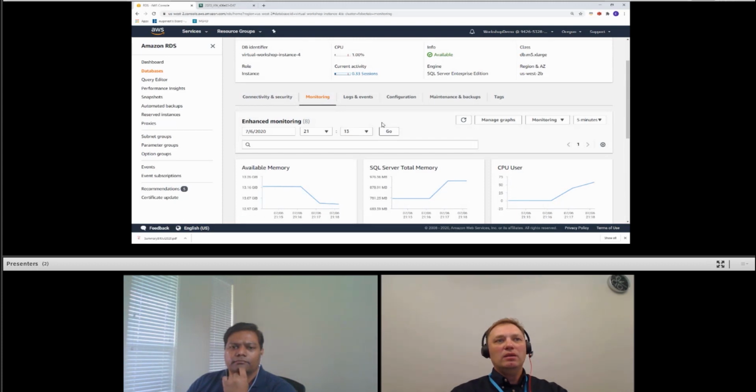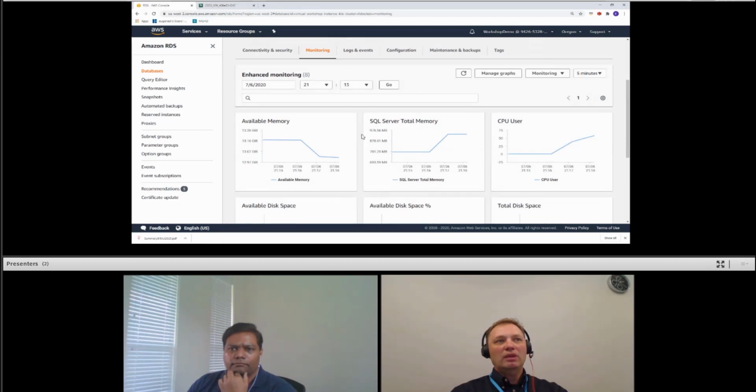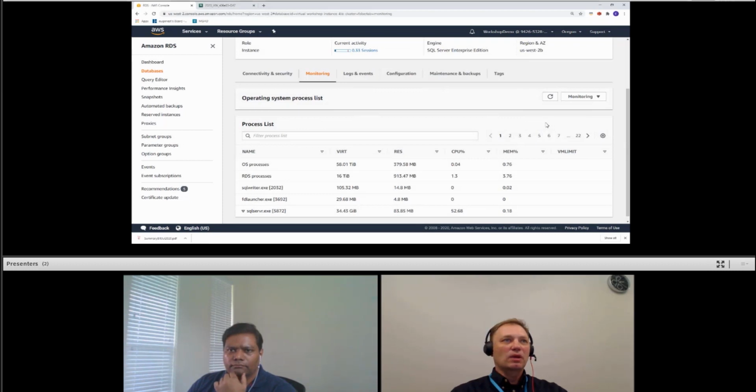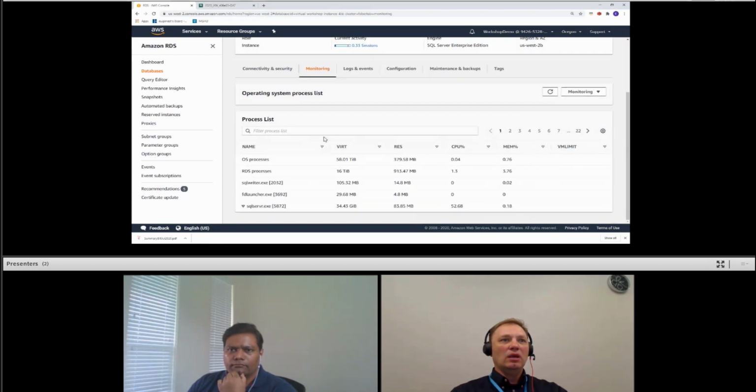Enhanced monitoring, these are the operating system level metrics that give you visibility into things that's impossible to look from the hypervisor, the memory, for example, right? Very, very important. Now, you also have OS process list. Process list is here, and it's very similar to that of a Process Explorer. You've got the operating system processes here.